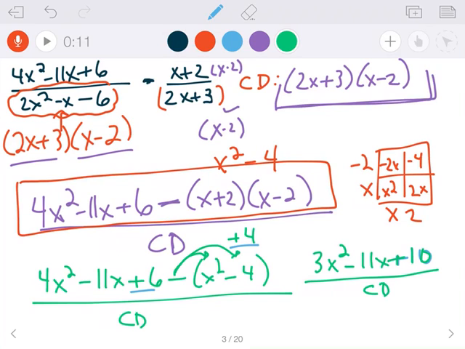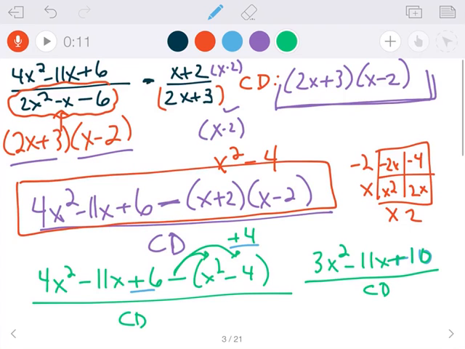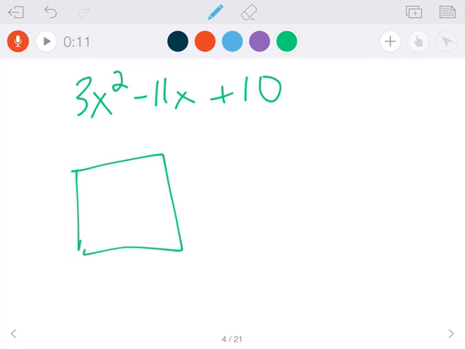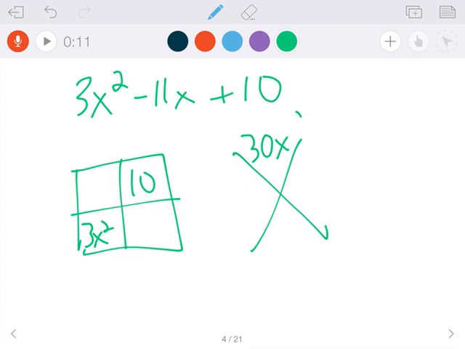Well, we're going to add a new page and see 3x squared minus 11x plus 10. 3x squared and 10 multiplied together gives us 30x squared and negative 11x. Oh, it is factorable.